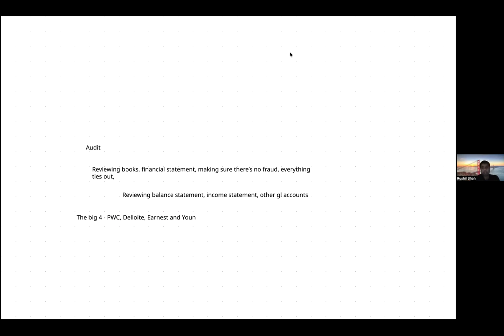Then let me go to page 2. There's tax as well. Tax is kind of reviewing the financials and seeing what's taxable and what isn't taxable.